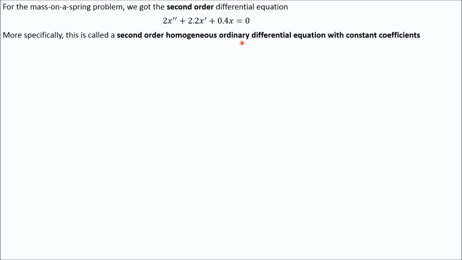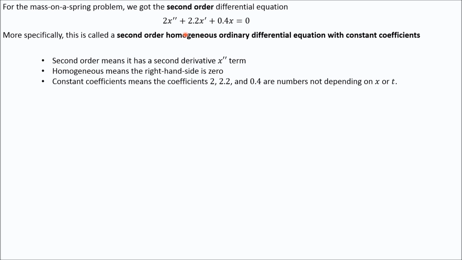Ordinary differential equation, well, we know what that means. It's a differential equation where there's one independent variable, which is time in this case, and constant coefficients. The coefficients of our unknown function and its derivatives are numbers rather than functions of time. And, well, here are the explanations.